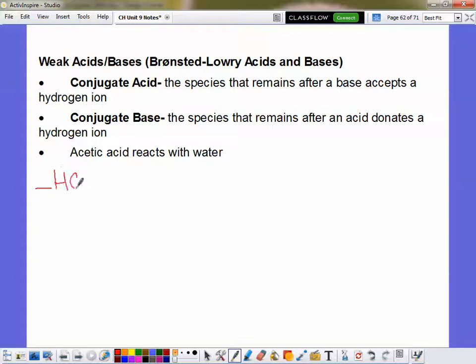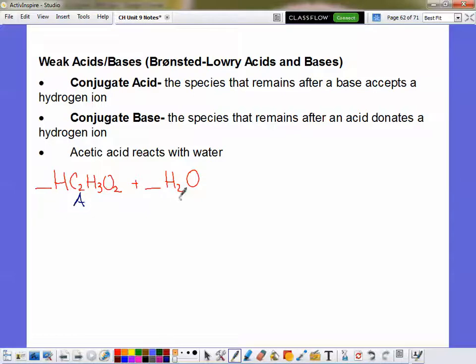Acetic acid is HC2H3O2, and it's reacting with water. Or let me back up. What type of substance is acetic acid? It's an acid, right? Water is a special type of substance.